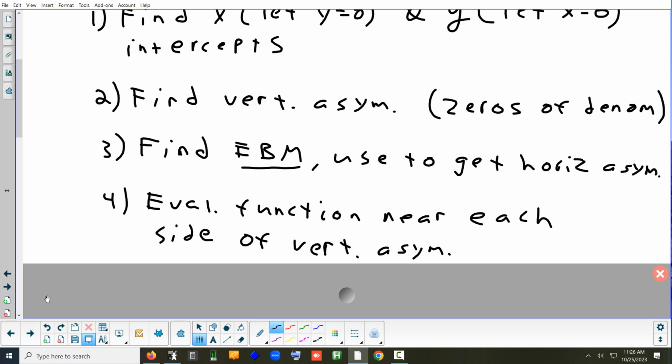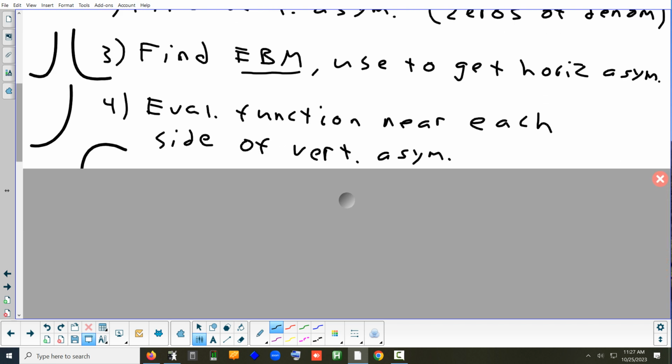As you approach a horizontal, it does, but as you approach a vertical, it either goes towards positive infinity or negative infinity. It's either going to curve up to infinity or down to negative infinity. It usually does something opposite on each side. It's possible it could go up on each side, but usually the other one is more common.